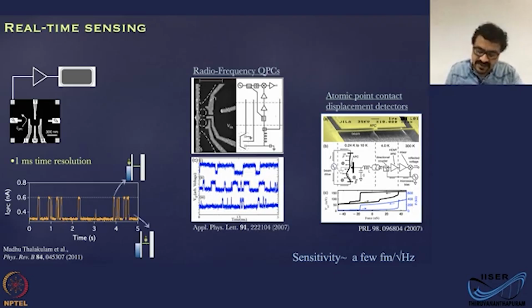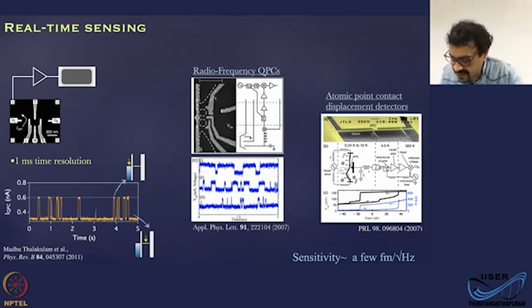Now let's come back to the cousin of the QPC, the atomic point contact. Okay, so an atomic point contact is nothing but a contact between two atoms or two surfaces or two conductors.